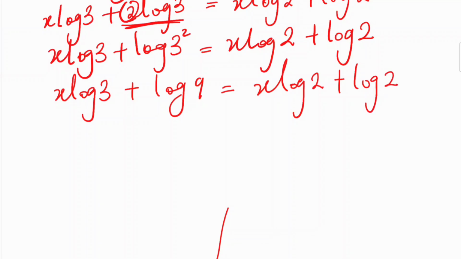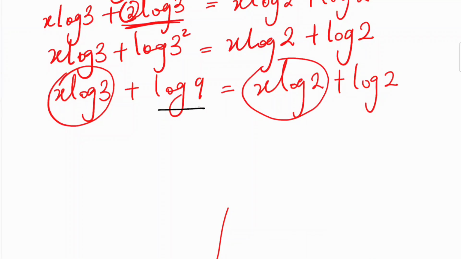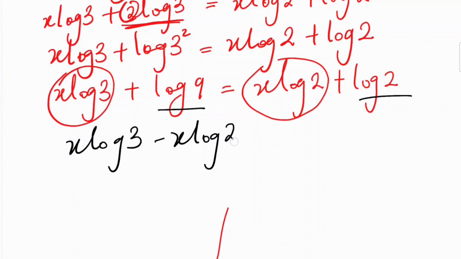Good. The next thing we do is to collect like terms. And to collect like terms, we bring the terms that have x together and the other one that doesn't have x. So to do that, we have x log 3, then we minus x log 2 is equal to log 2 minus log 9, because log 9 is crossing the equality sign.